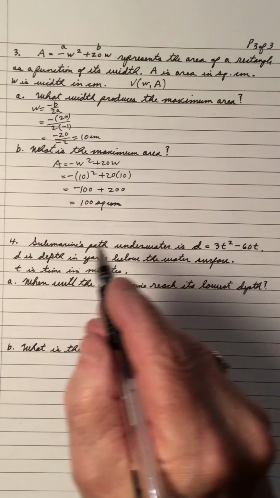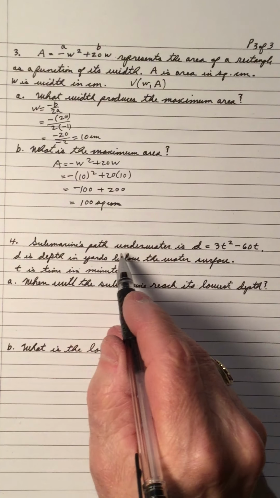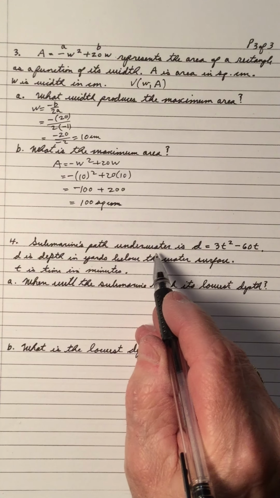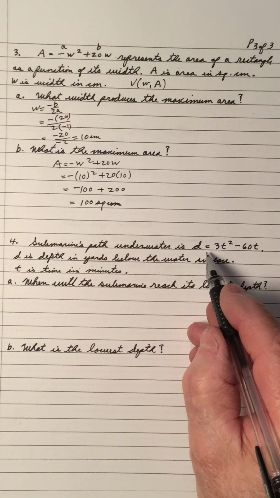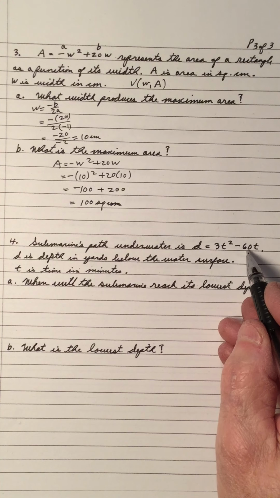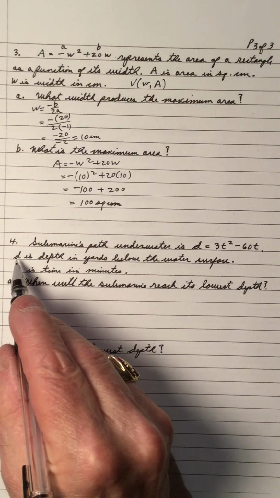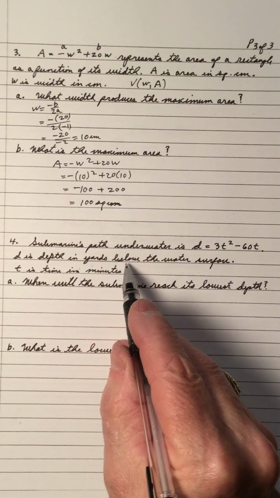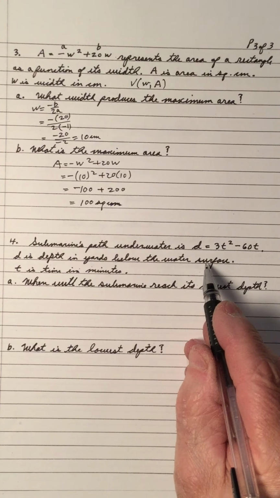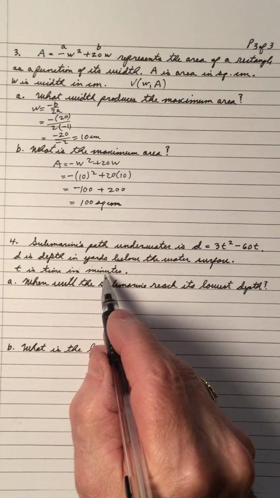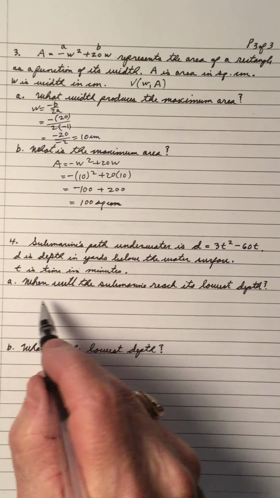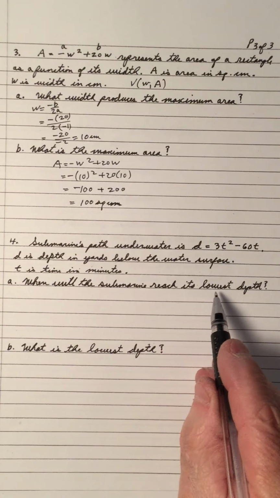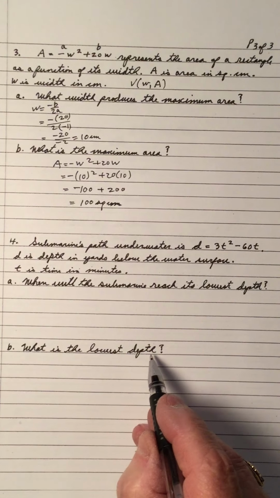Okay. And number 4, a submarine's path underwater is defined by D equals 3t squared minus 60t. D is the depth in yards below the water surface, and T is the time in minutes. When will the submarine reach its lowest depth, and what is the lowest depth?